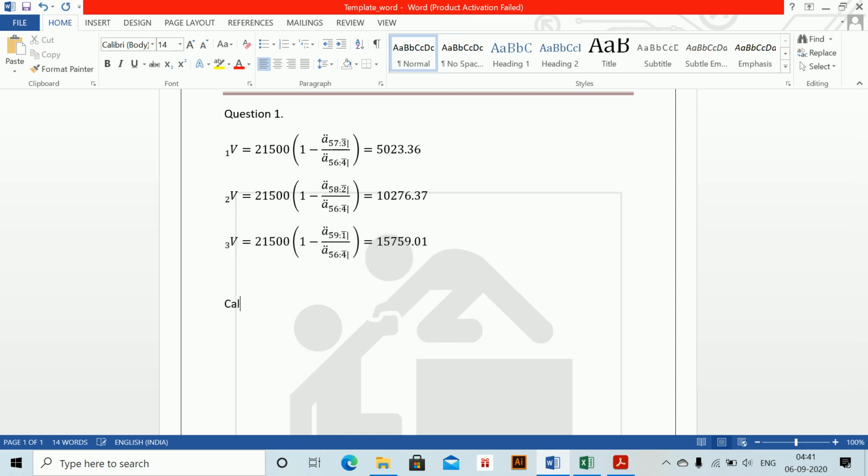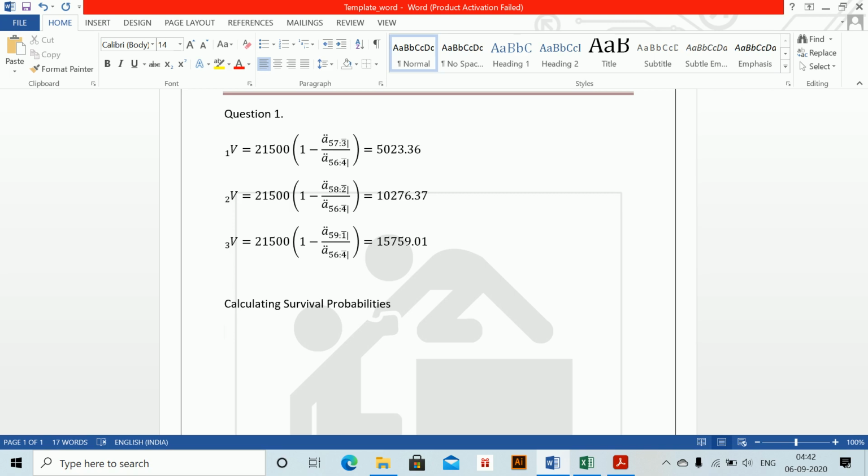Now calculating survival probabilities. Okay, basically we'll calculate the dependent probabilities of survival.